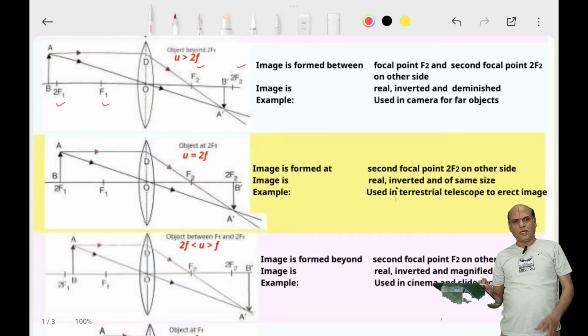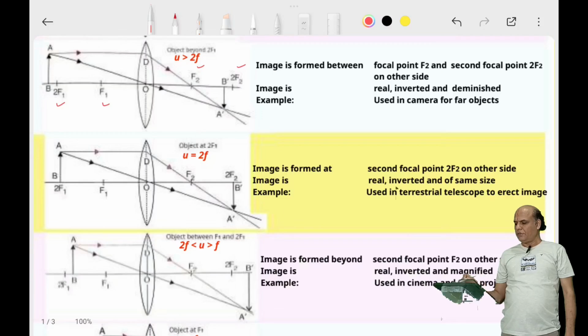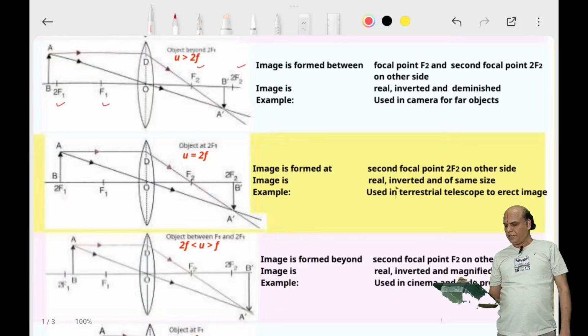So any object placed beyond the second focal point has its image formed on the other side, between the focal point and the second focal point.